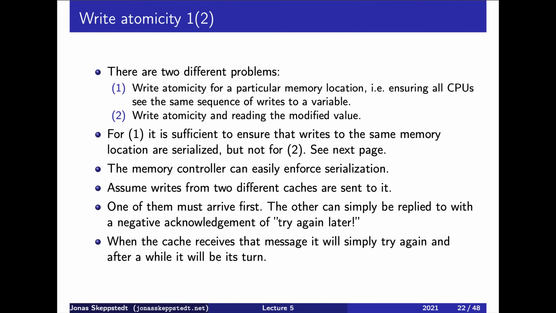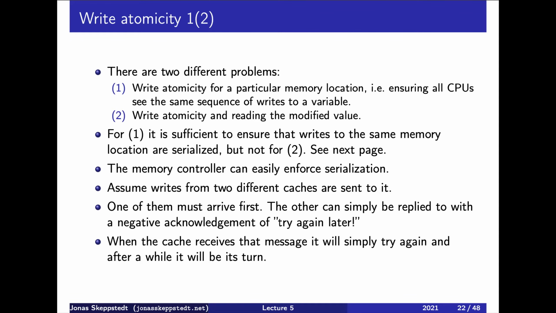Okay, so how can the writes be serialized? Well, it's very simple. Suppose two or more CPUs want to modify the same variable, and they will send these write requests to the memory, and clearly one of these requests will arrive first, and that one will be accepted, and the others will get a reply, try again later.